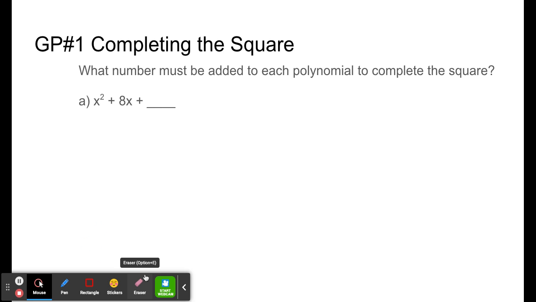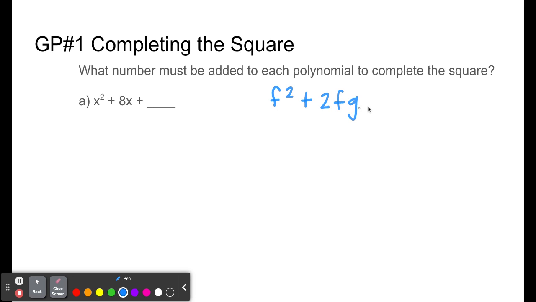So for our first guided practice, we need to go through and decide what number has to be added to this polynomial in order to complete the square. So again, what we're looking to do is create that perfect square trinomial, f squared plus 2 times f times g plus g squared.